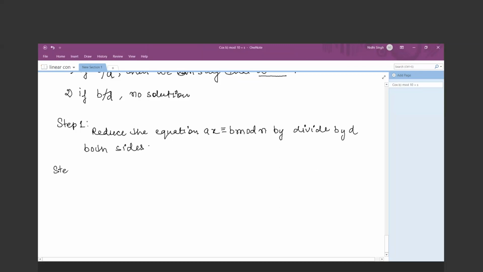Now the step 2. Step 2 says you have to multiply the multiplicative inverse of A on both of the sides.